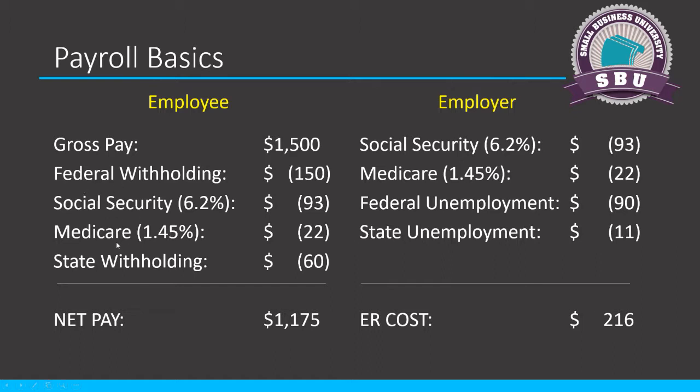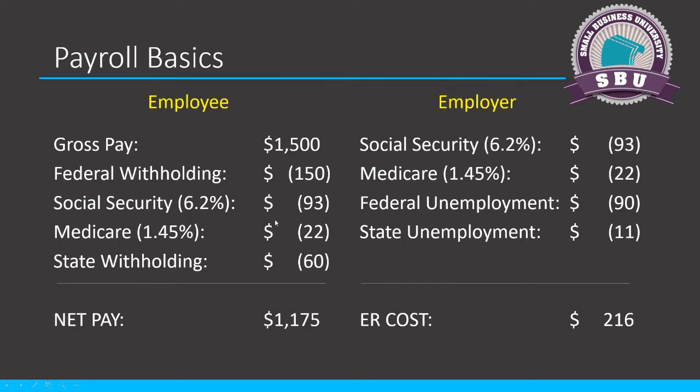Then we have Social Security and Medicare. Collectively, these are called FICA. So it adds up to 7.65%. 6.2% of it is Social Security, 1.45% is Medicare. And the way you calculate this is it's just gross pay times 6.2%. That is what they have to pay in.